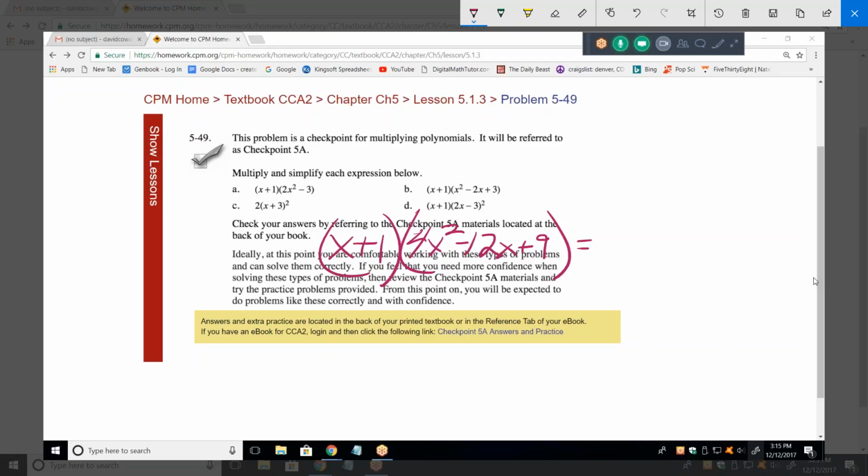So 4x cubed minus 12x squared plus 9x. And then if you multiply all of them by 1, it'd be the same, correct? Yeah. Okay, I can go for that. 4x squared minus 12x plus 9.